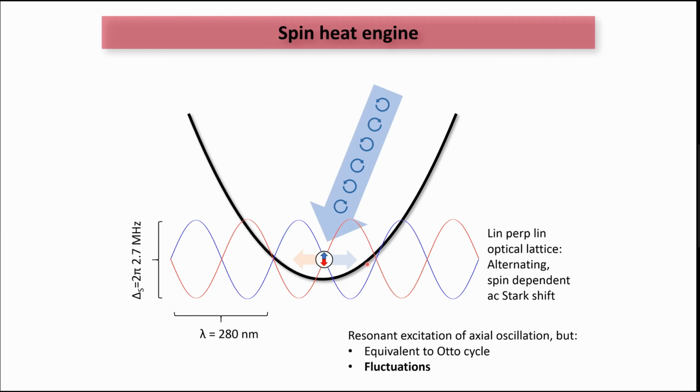At first glimpse, this might look like an unnecessarily complex way to do resonant excitation, but what I will show you in the following is that this is actually equivalent to a 4-stroke Otto cycle and that fluctuations play a significant role here.